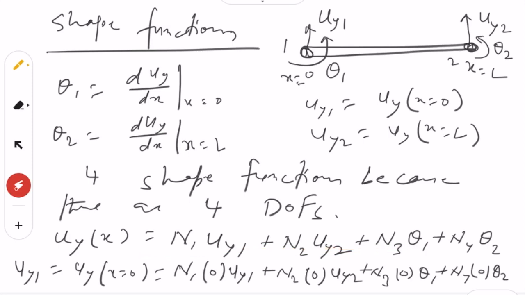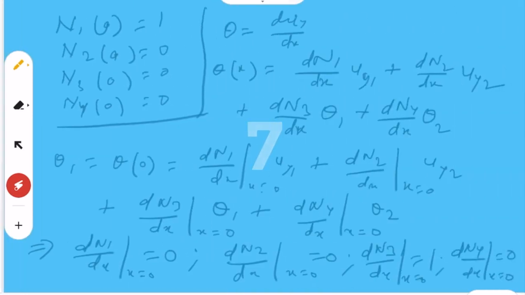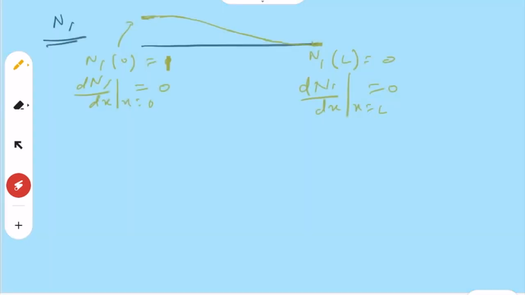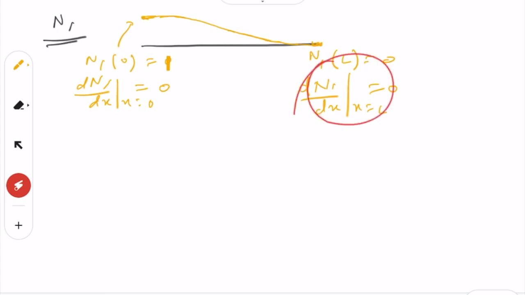let us do it. Okay. So, at x equal to L, how did we get this one? We can explain here.